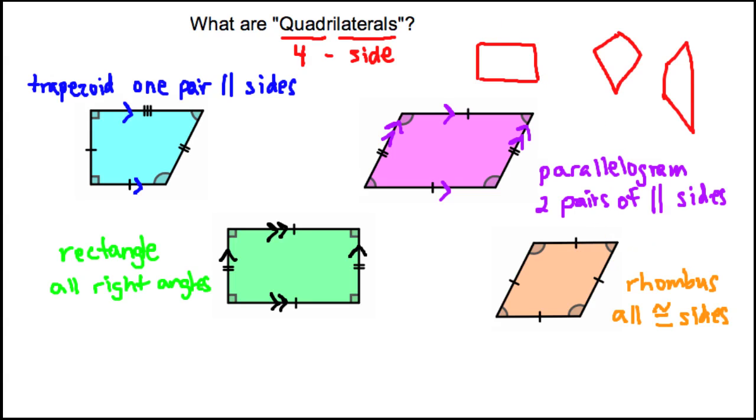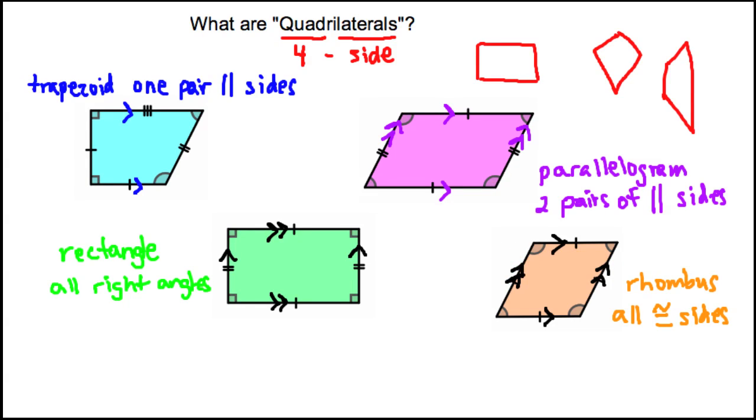But also, just like the rectangle and the parallelogram, it has 2 pairs of parallel sides. The top and the bottom are parallel, and the left and the right are parallel. So a rhombus is also a parallelogram.